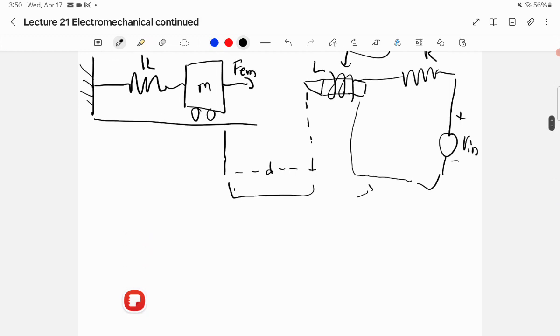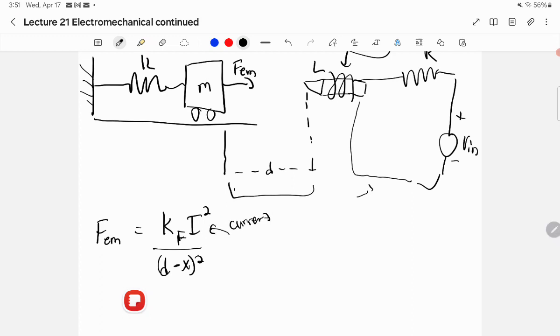What we're going to do this time is have some nonlinear force occurring here. This is a bit more realistic than what we've been doing before. The force that the cart feels from the electromagnetic force is related to the current squared, and then obviously the distance between the inductor coil and the position of the mass.